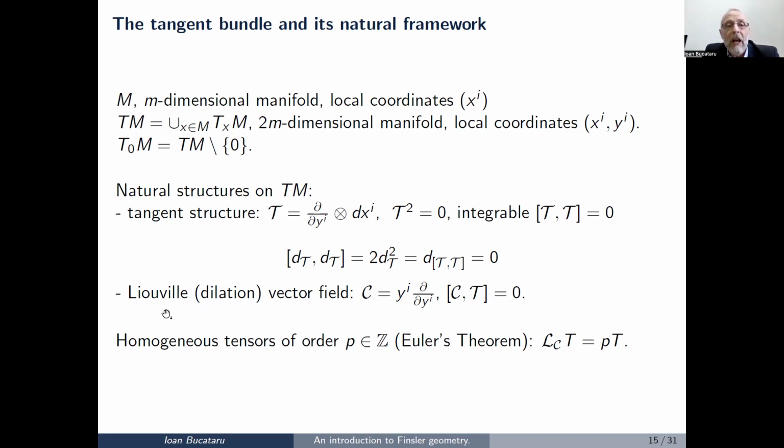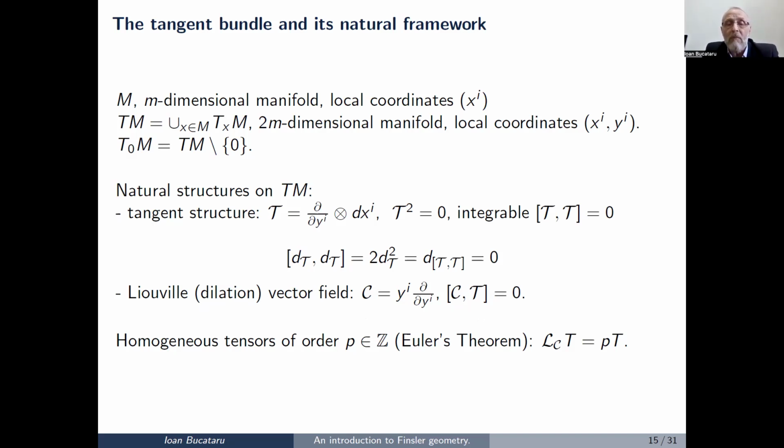I will use it. Well, we also have this Liouville vector field, the radial vector field, with some properties. The bracket with the tangent structure is zero. And this Liouville vector field is very important. In Finsler geometry, although we lose the quadratic property, as Chern said, we still keep homogeneity.